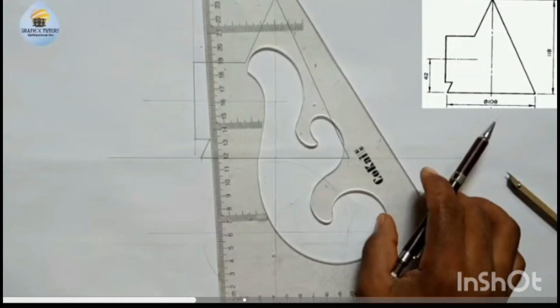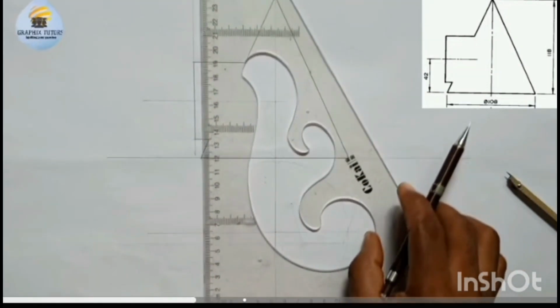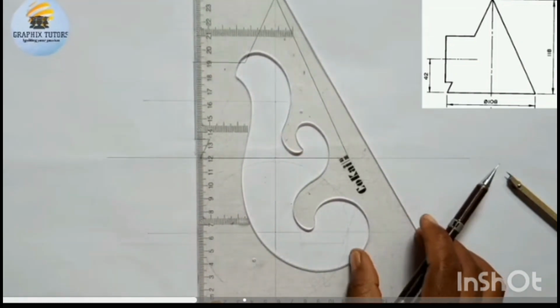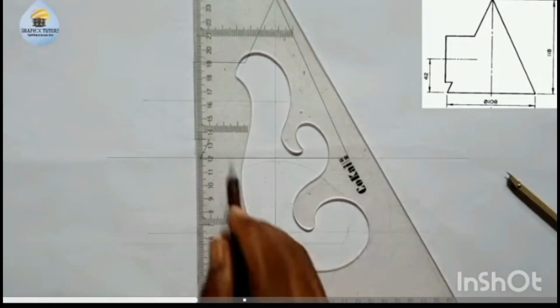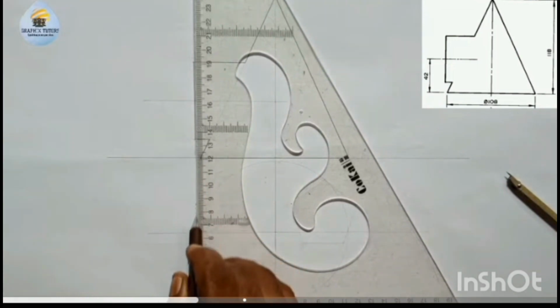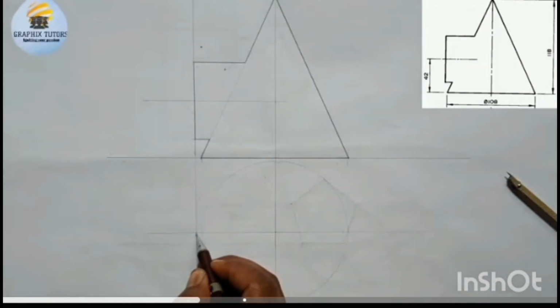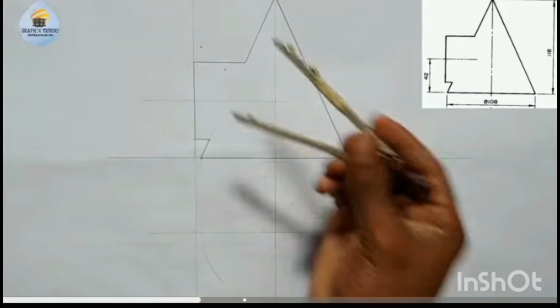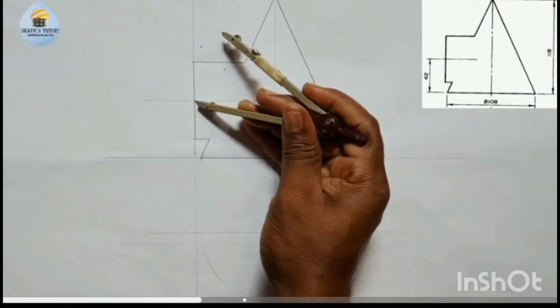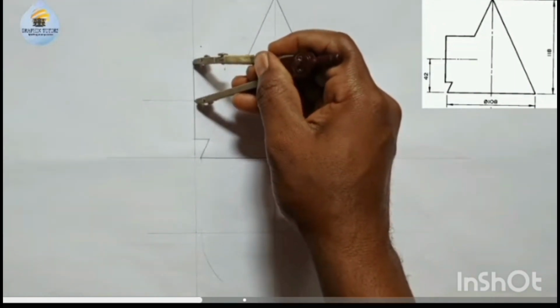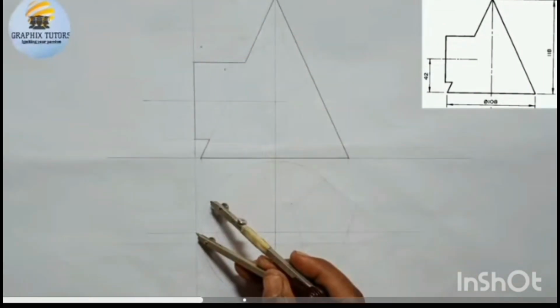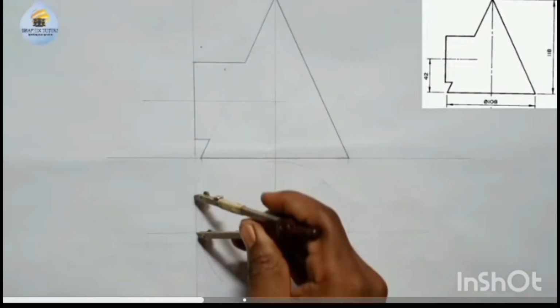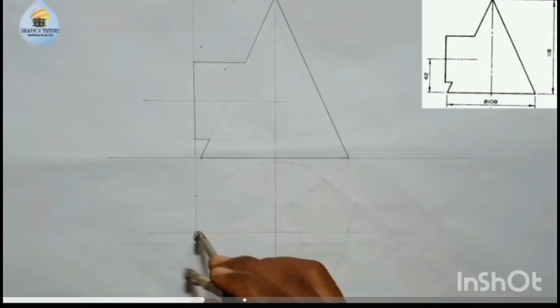Now if I come here, I'll place my set square this way on my t-square. Now I'm going to draw this horizontal line downward this way, just faint line first of all. So at this point is where it intersects with this horizontal line. So I will now measure from this point to this point, right? I'll come here. I'm going to mark here and here.